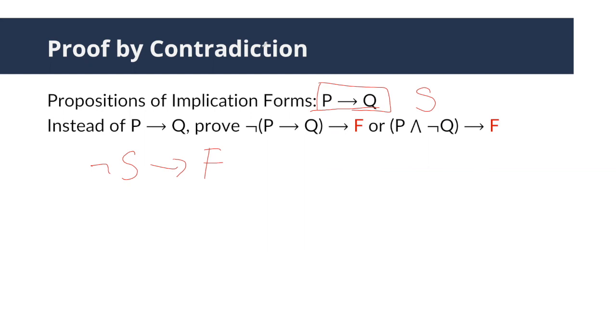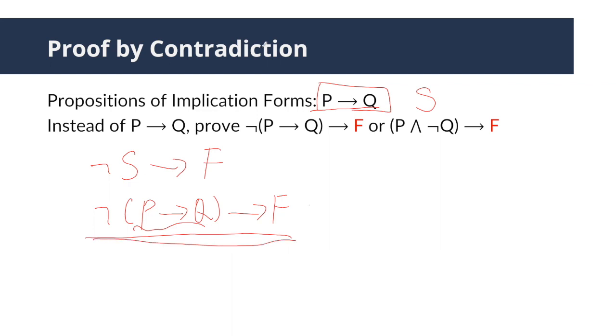What is S? S is just P implies Q. We want to prove this implication is true. And in order to prove this implication, since there is this implication inside the hypothesis, we can apply the implication law to transform it.